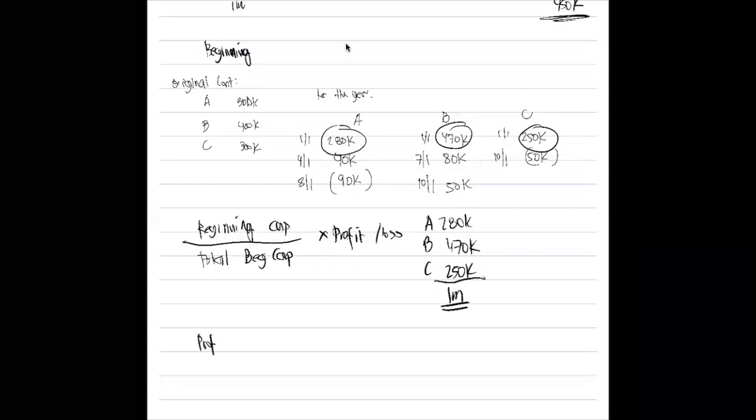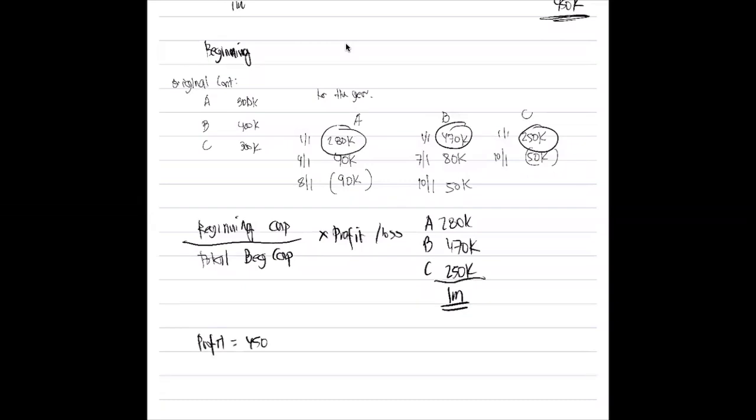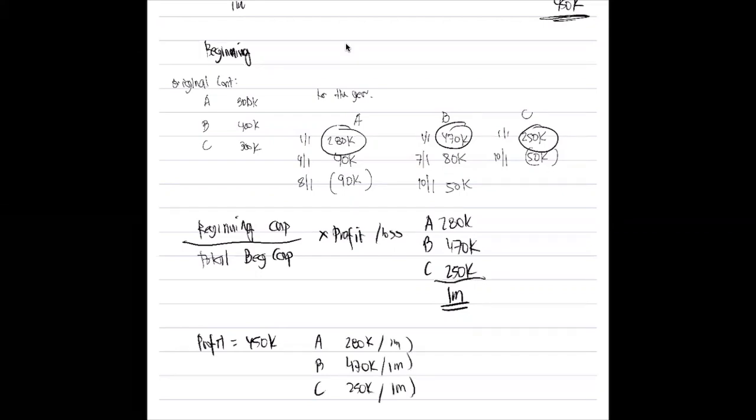So if the profit is equal to 450,000, how do we allocate? A, B, and C. So 280, 470, and 250 divided by 1 million, we multiply it to 450,000.